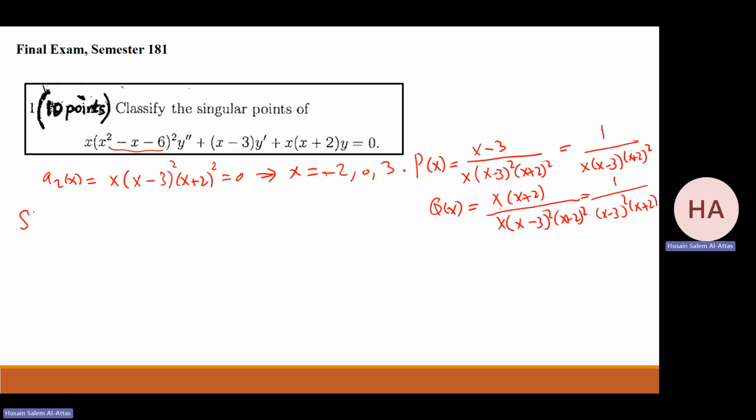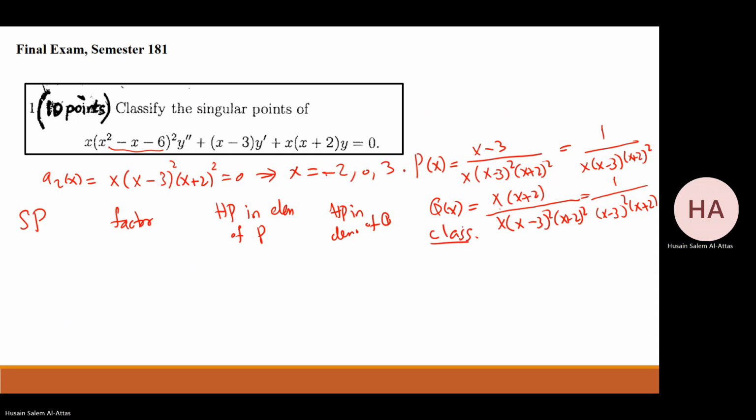Okay, so I have the singular point, the factor, highest power in the denominator of p, highest power in the denominator of q, then the classification. So I have the first one, x equals minus 2. What will be the factor? x plus 2. What is the highest power in the denominator of p? 2. Right away, this is an irregular singular point.